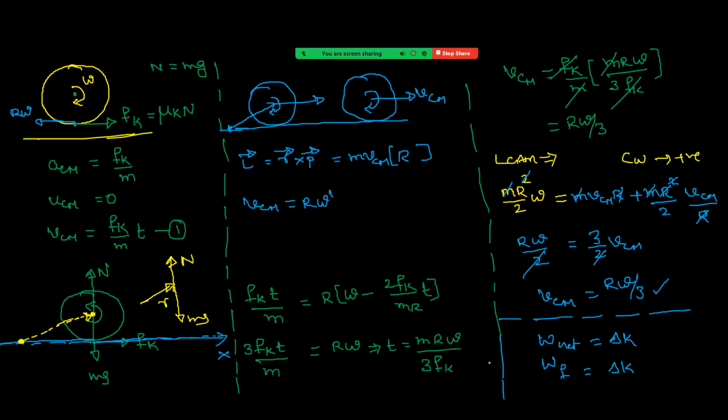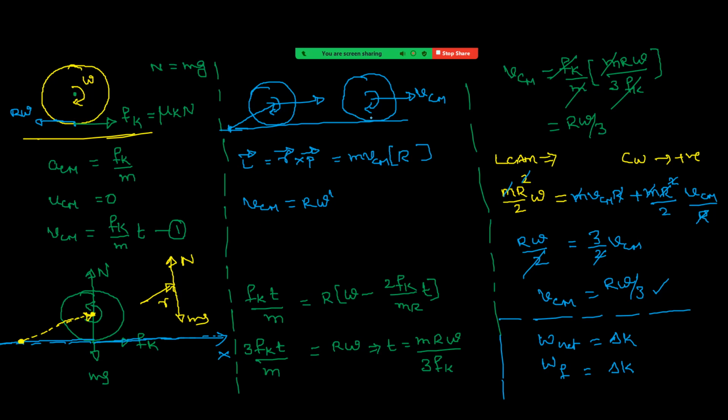And we can see here one more thing. Once rolling starts without slipping, for the contact point, there is no velocity. For contact point, no velocity means there is no friction because VCM is constant. VCM constant means there is no friction.